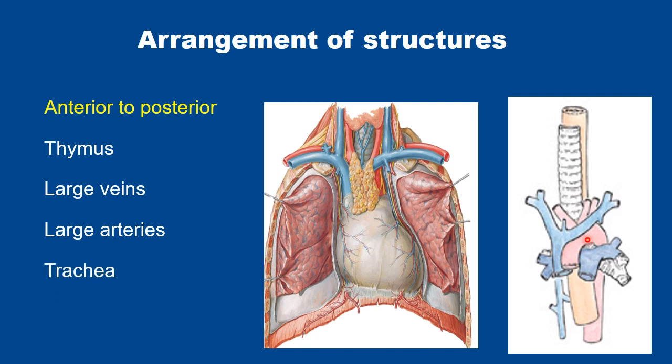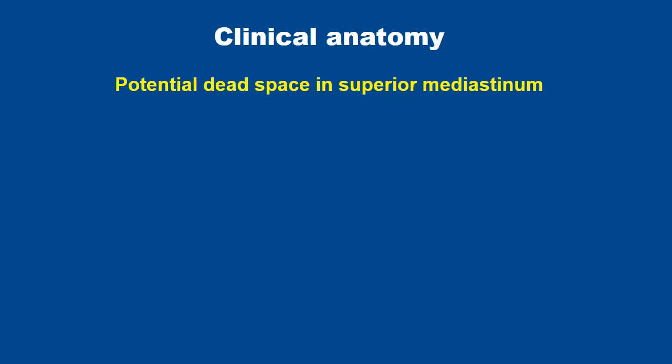After the large artery, here we can find the trachea. Then most posteriorly we can find the esophagus. So from anterior to posterior we can find the structures thymus, then large vein, then the large artery, then trachea and the esophagus. So these are the structures arranged in the superior mediastinum.